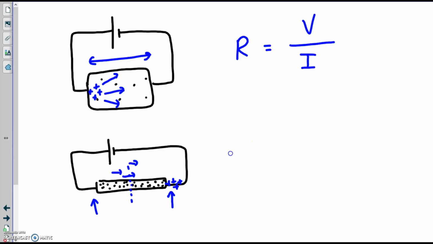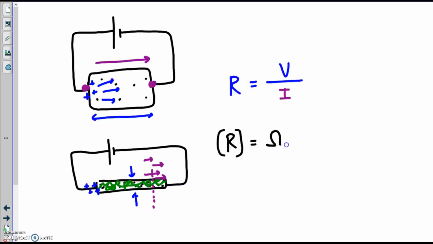Resistance has units of ohms, and we use the Greek letter omega for that unit. So the top resistor might be 2 ohms, let's say, and the bottom one could be something much higher, maybe 200 ohms.